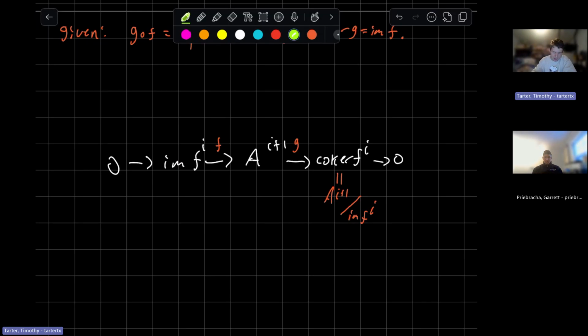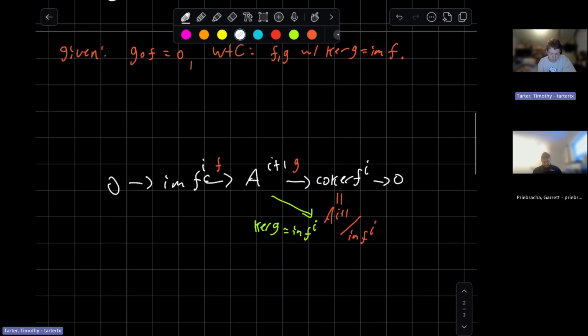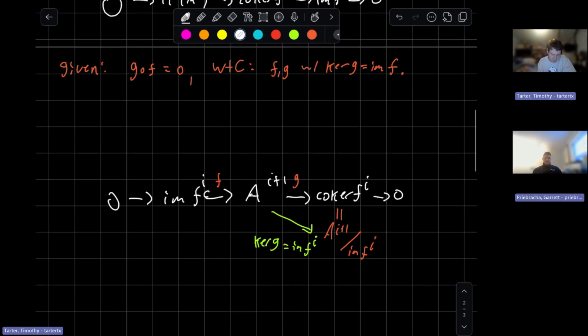Right, by the fundamental homomorphism theorem, at least for modules. Then ker G is equal to im F_i. And F_i is an injection into A_{i+1}, because that is the next image of it, or at least most of it.